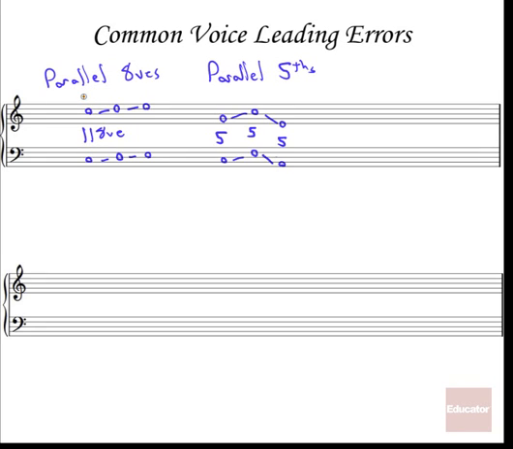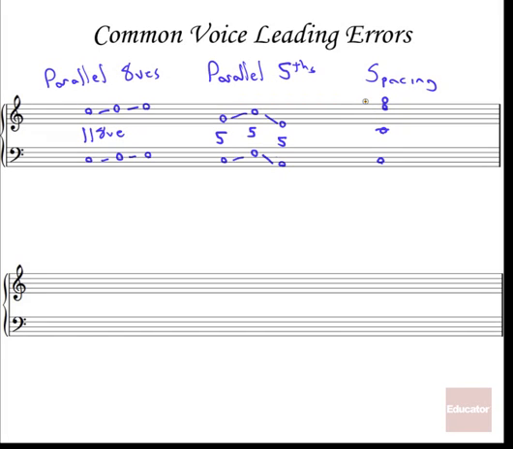Let's look at another voice leading error that might have to do with spacing. So when we're writing our chords, let's see, spacing. Let's say we start with C, C, E, G. So here we've got the doubled root C, which is good, and then an E and G completing the chord.